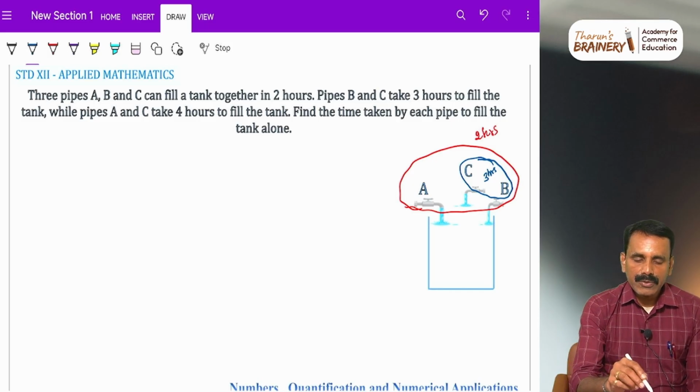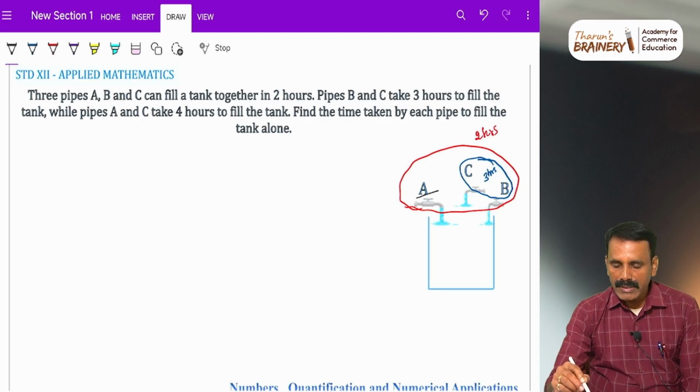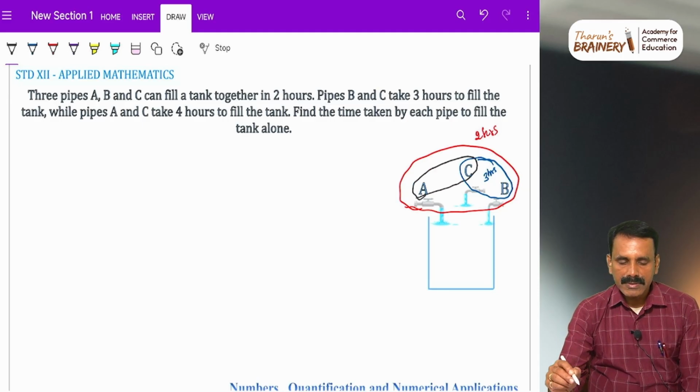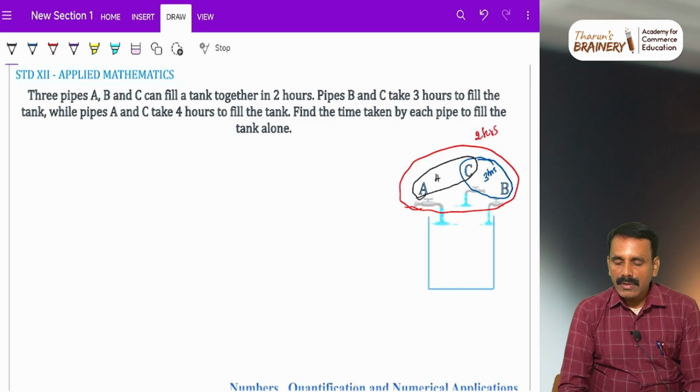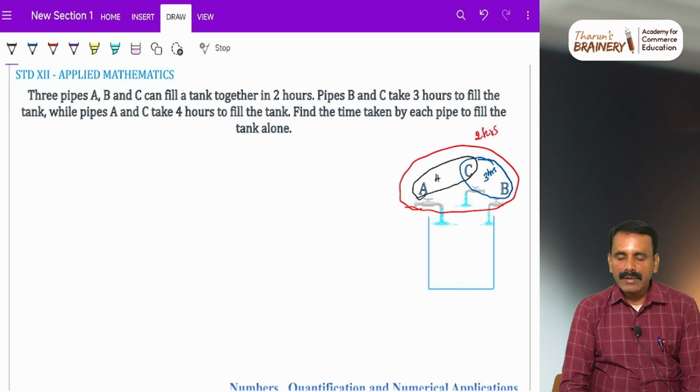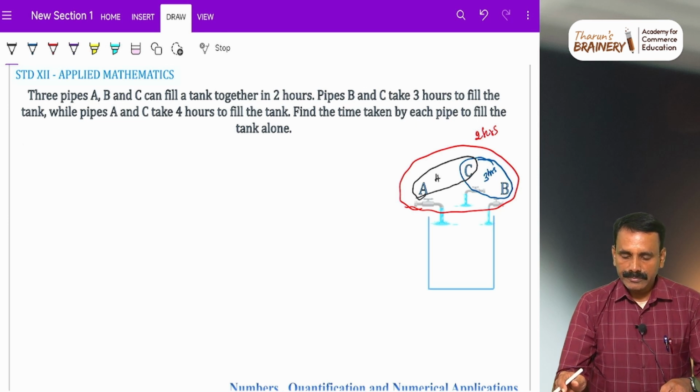If A and C are used, if we are going to use only these 2 taps or pipes, it is going to take 4 hours. So with these 3 data, we are supposed to find the time taken by the pipes A, B and C to fill the tank individually.